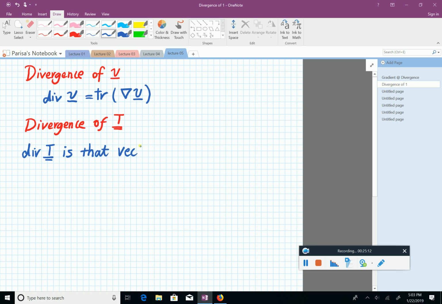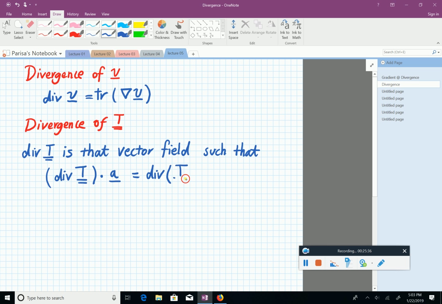Is that vector field such that for A, which is a constant vector field, this is the definition.